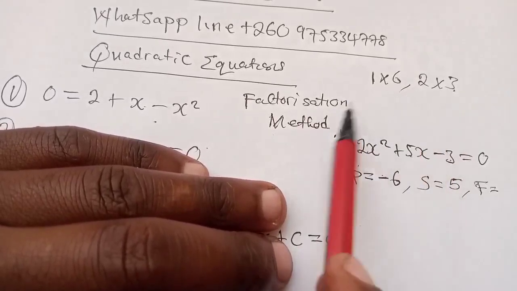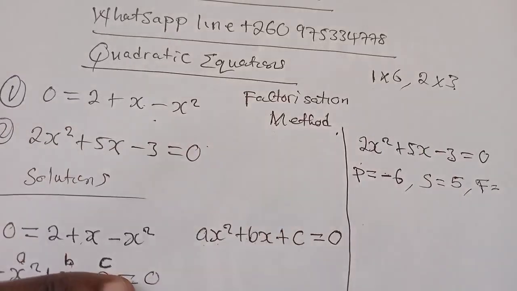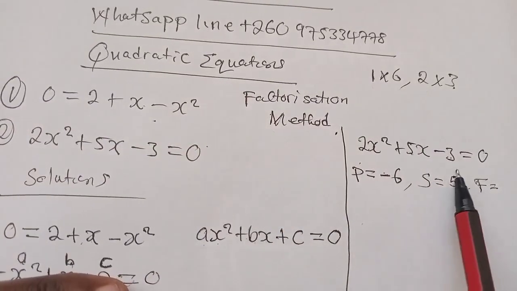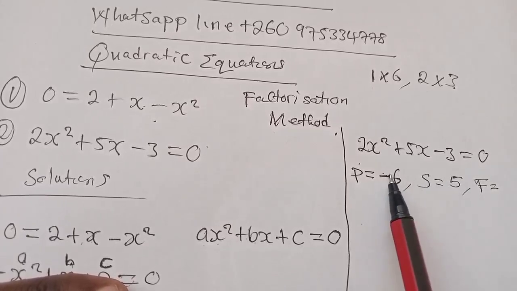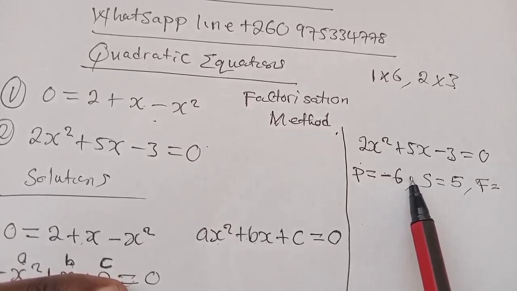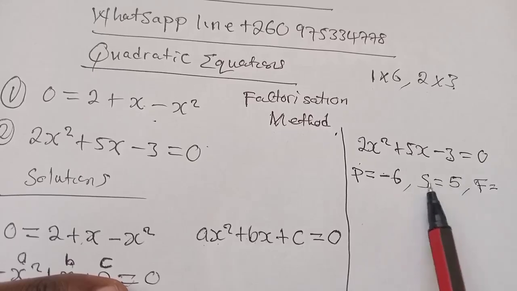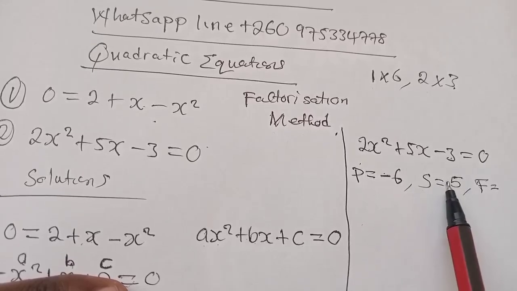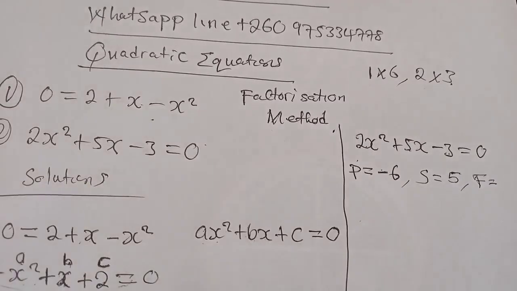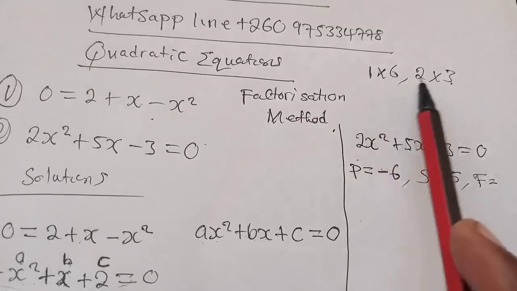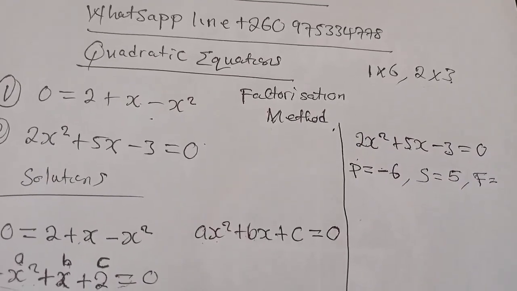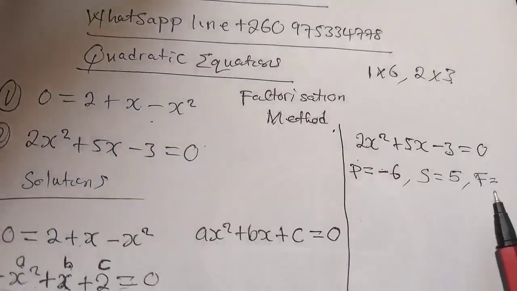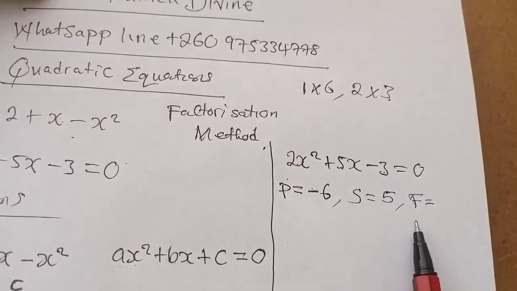Now, in our question, we need the factors that when you multiply them, they give you negative 6, and when you add them, they give you positive 5. We are going to choose between these two.